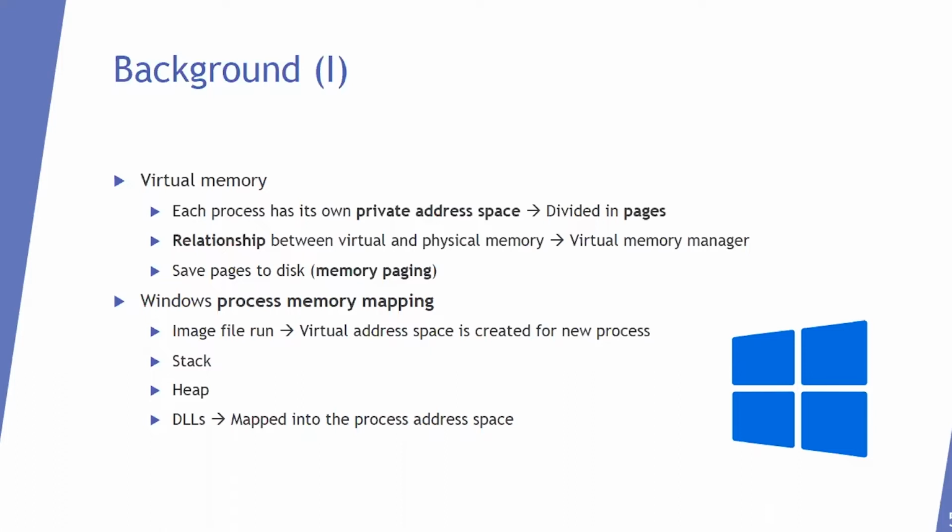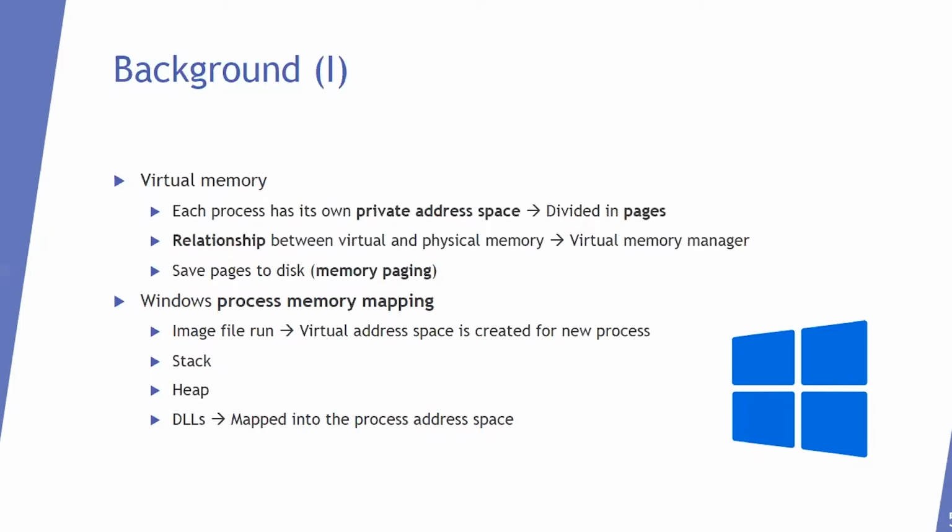Also, the virtual memory manager is responsible for saving pages from RAM to disk when there is not enough space in RAM to store all the pages for all the processes. Later, when a process requests a page that is on disk, that page will be loaded back into memory, and that is called memory paging.